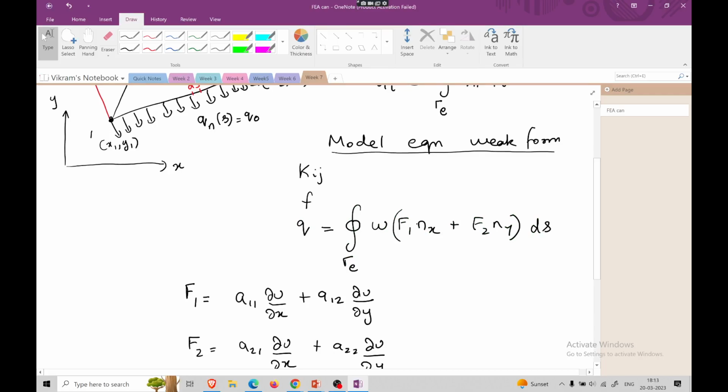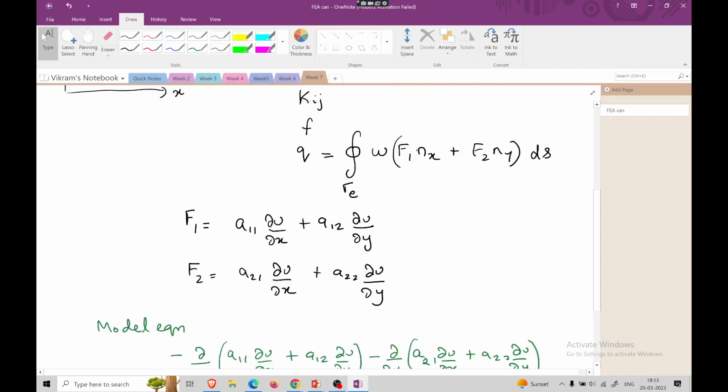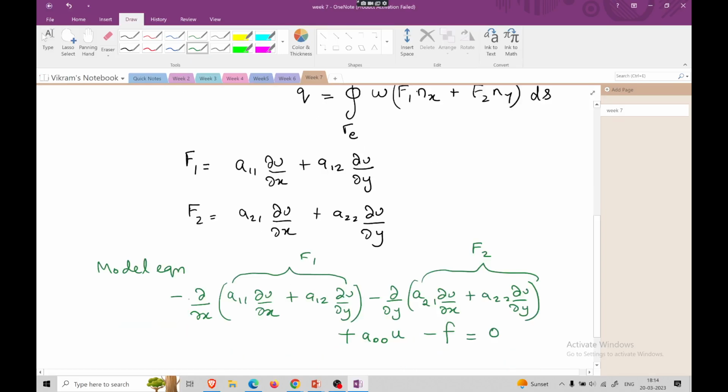The boundary term, which we already derived in the last class, is your weight function into the product of f1 nx plus f2 ny. f1 is this term, and this whole term is f2. You multiply by w and take the weighted residual integral, and we get the weak form, and finally you will get this q term.